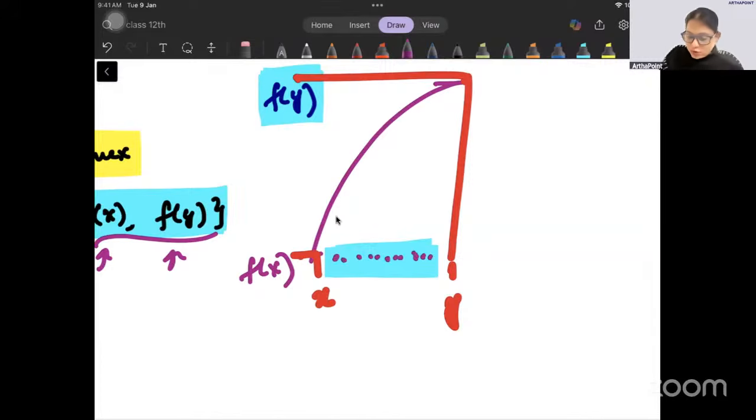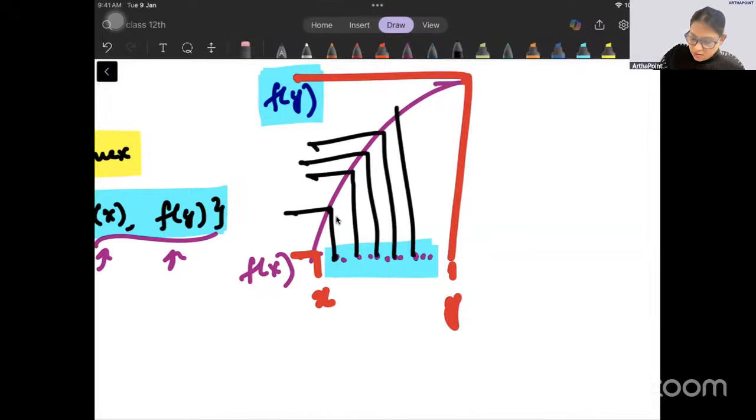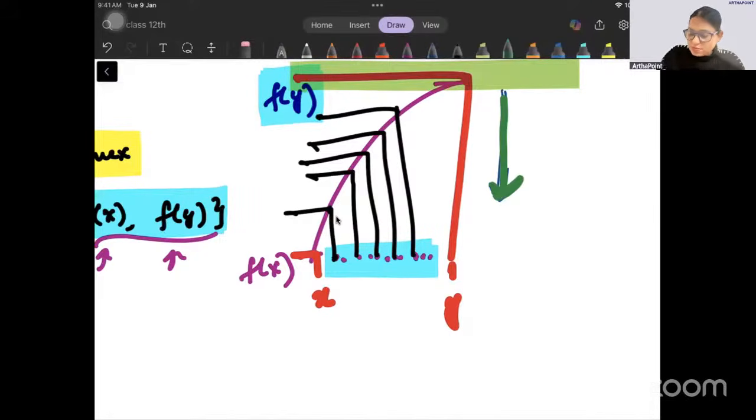And when I found out the value of the function at those points, all those lie lower than this. सब इससे नीचे, all those are lower. Then it is a quasi-convex function, right?